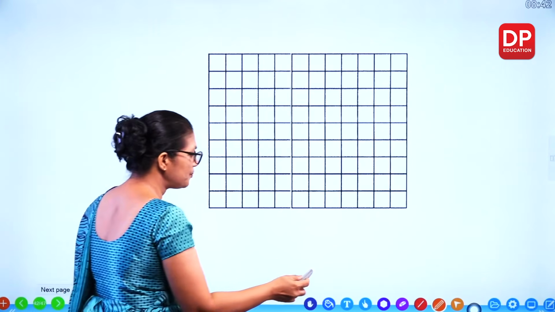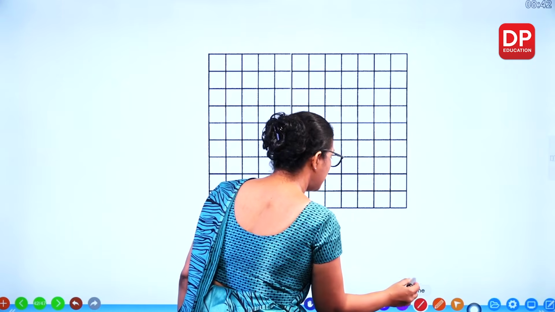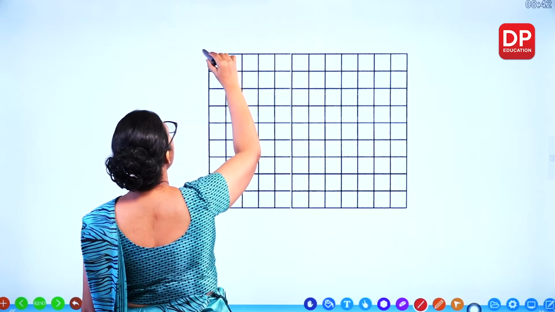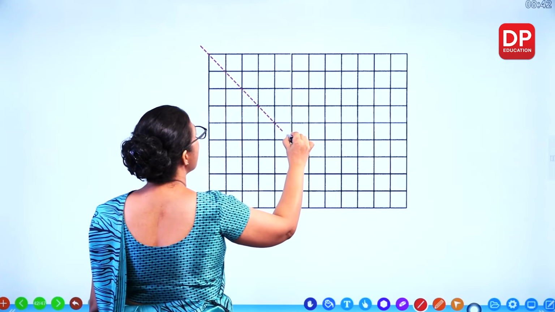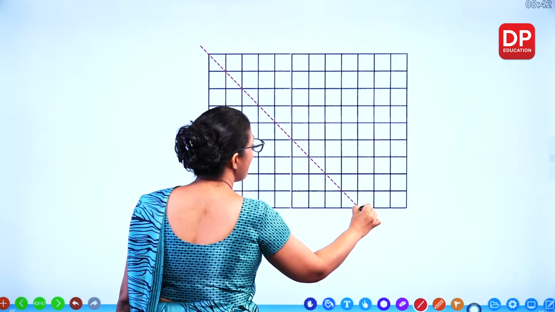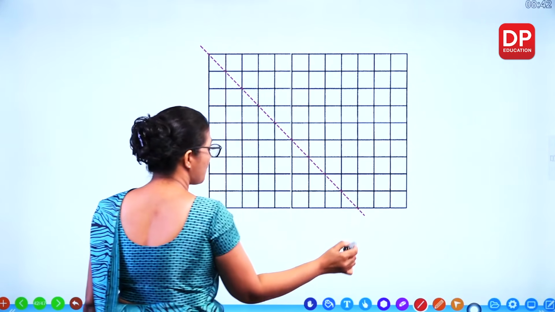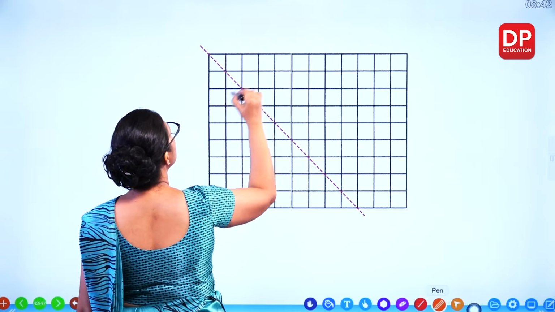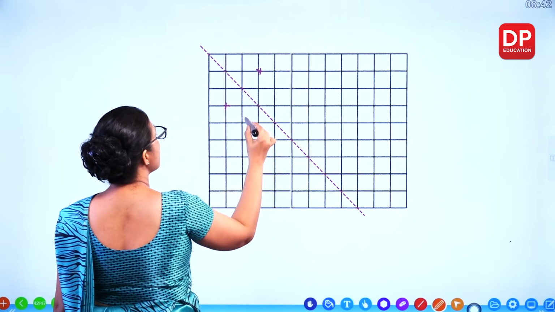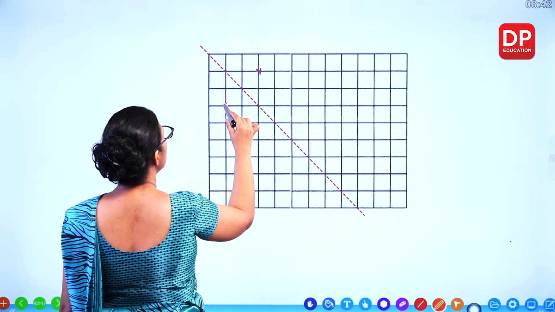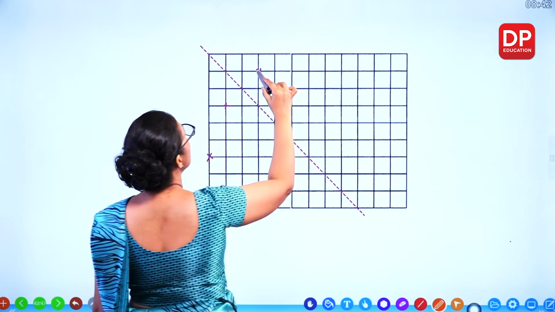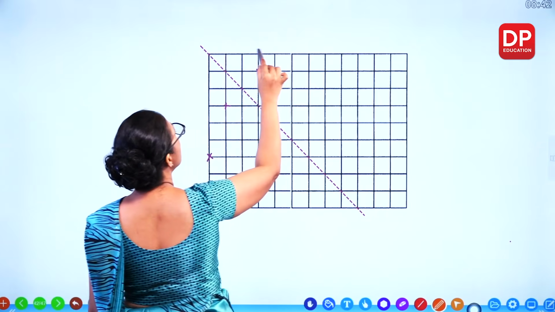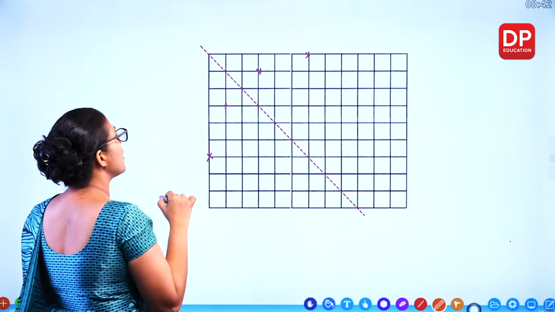Another one, I'll take the axis of symmetry this way. And then I can draw anything I like. So first I'll mark the points and see. So here 1, 3 and 1. So to this point 1 here, 1, 3. So this point.